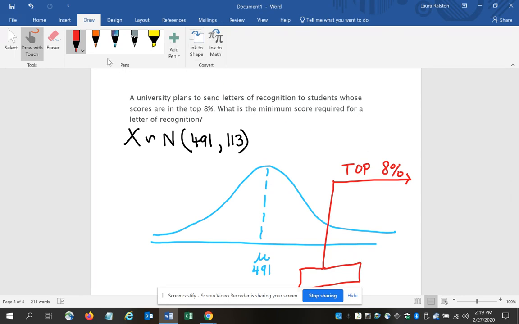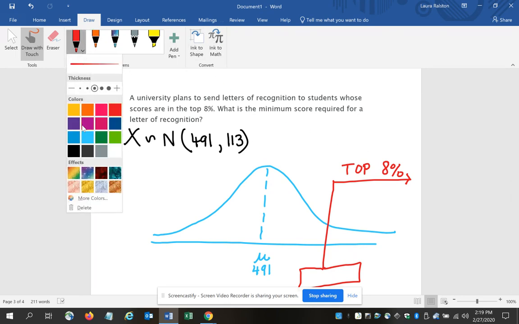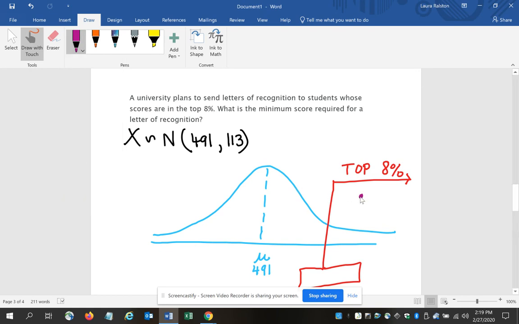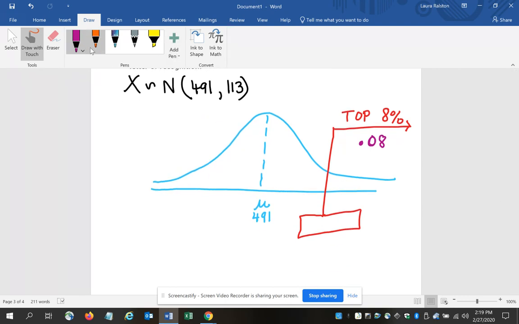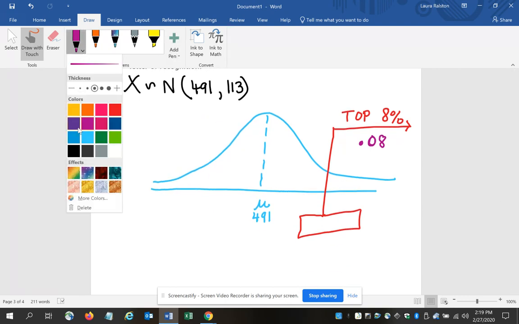Now again, even if you're going to use the calculator, you need to convert 8% to a decimal, which will be 0.08. Now, one of the big differences, or what makes it more difficult using the calculator, is that you have to give it the area to the left of your cutoff.